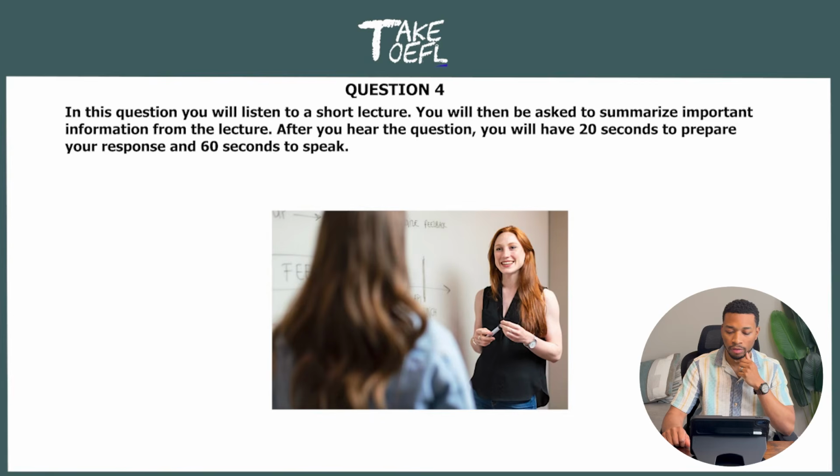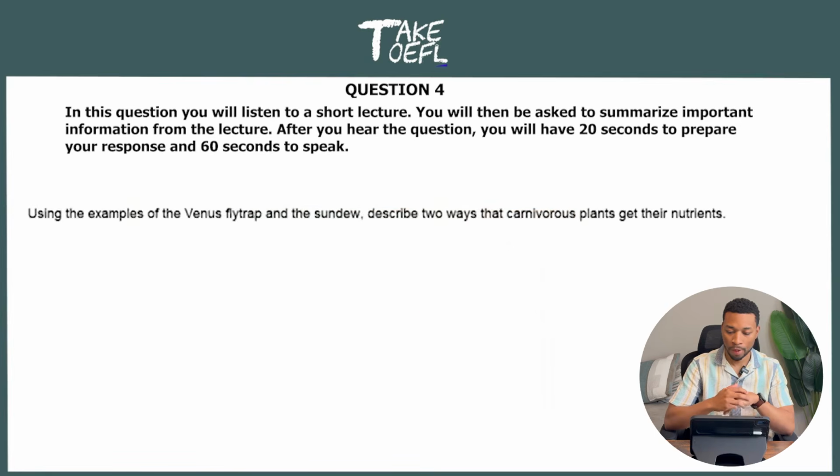Well, unfortunately for the insects, the hairs on the leaves also produce a super sticky glue-like substance. So an insect gets stuck in them and can't fly away. It basically gets glued there, allowing the sundew to digest it and absorb nutrients. Using the examples of the Venus flytrap and the sundew, describe two ways that carnivorous plants get their nutrients.